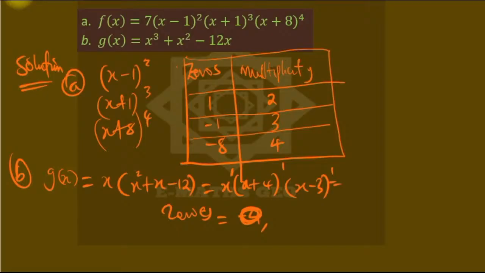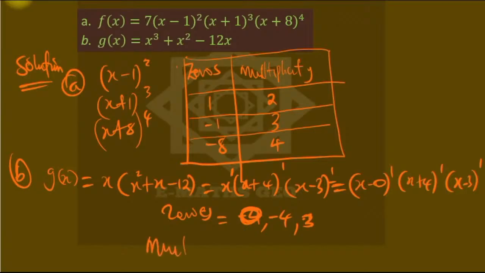Because this x, we can write as x minus 0. So from here, this is also minus 4, and this is also 3. Do you get? Just the opposite sign. So the zeros are these, while the multiplicities are all 1.